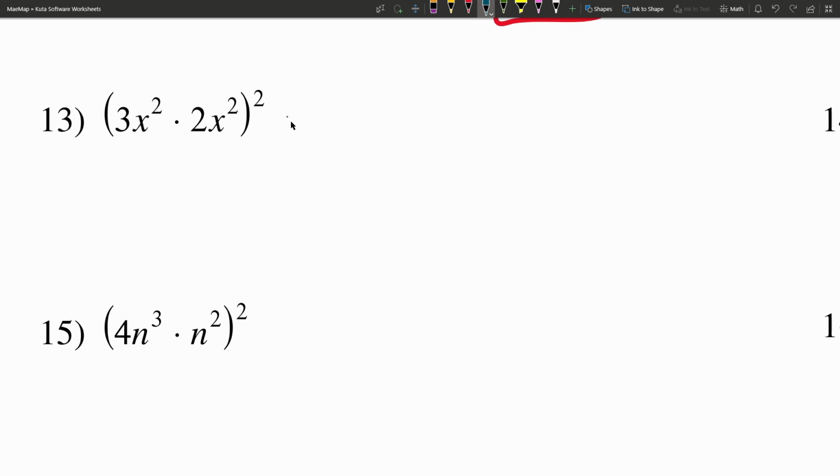So let's go ahead and work this through distributing our exponent of 2 to each of the terms. So starting with this coefficient, we're going to square it. So we'll have 3 squared times x squared squared times 2 squared times x squared squared.